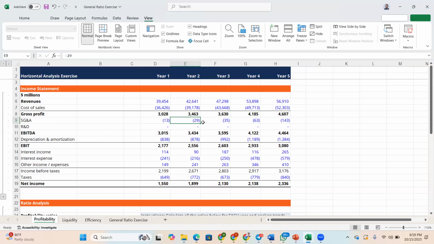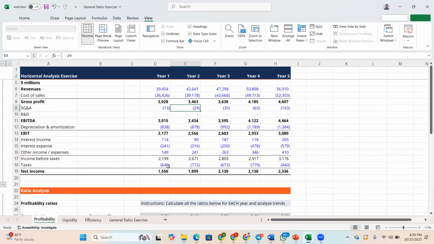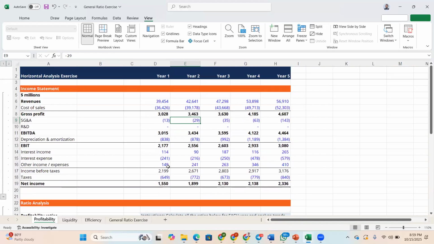Yes, I agree with you, sir. So when we're analyzing the financials, we're not just looking at the numbers, we're looking in depth, and that is what financial ratios help us achieve. The ratios we've computed tell us that in year two, you were able to manage costs to the barest minimum, even though your revenue was still low compared to other years.